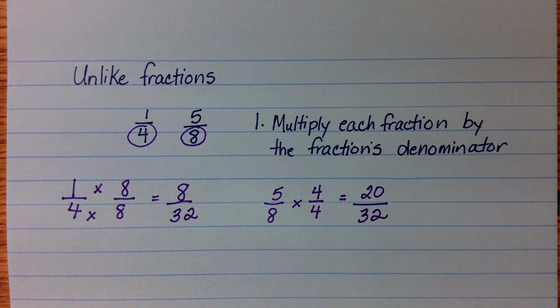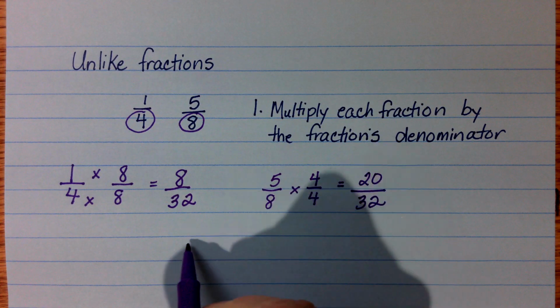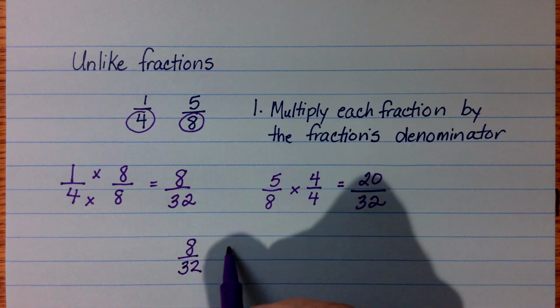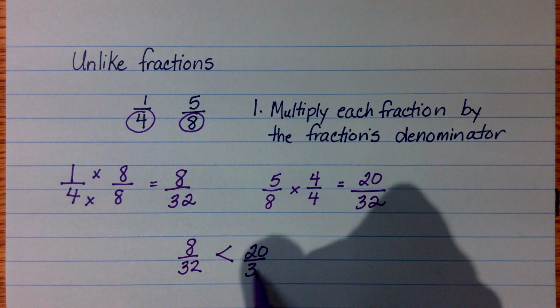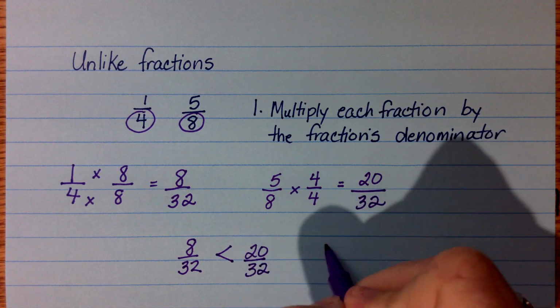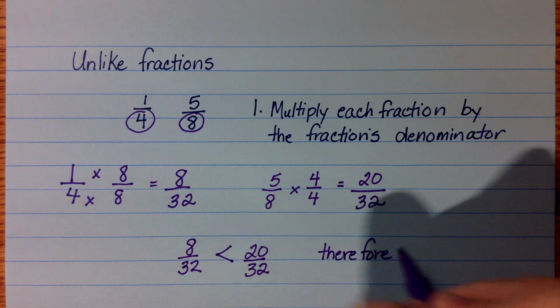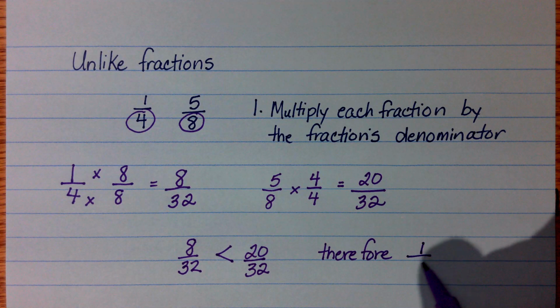So now we can compare fractions with like denominators. 8/32 is less than 20/32. Therefore, 1/4 is less than 5/8.